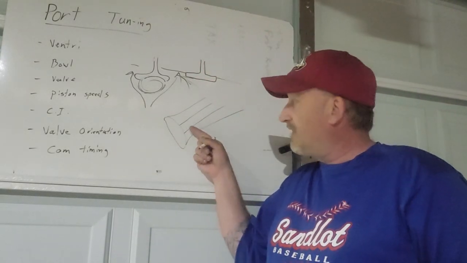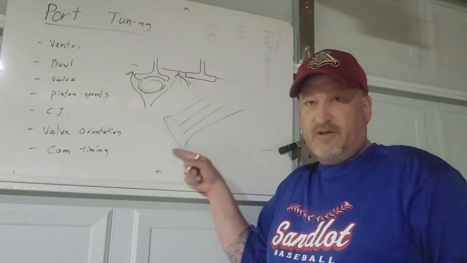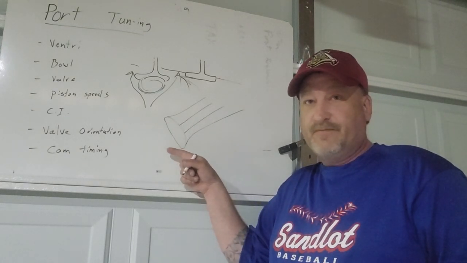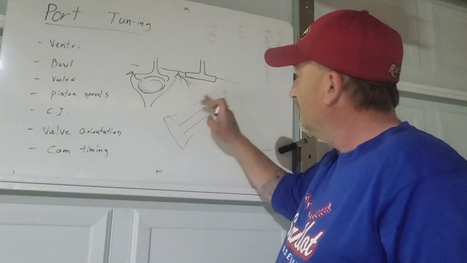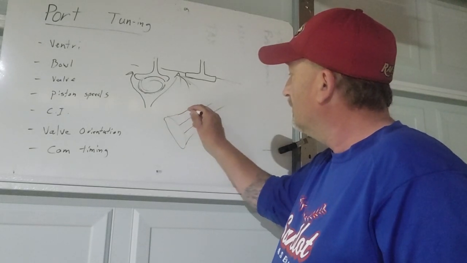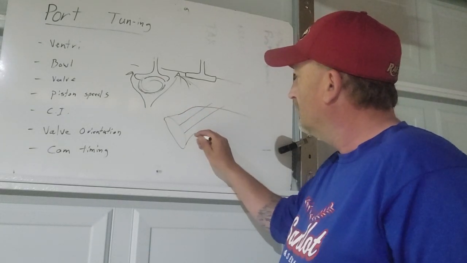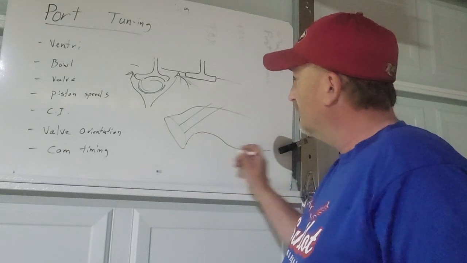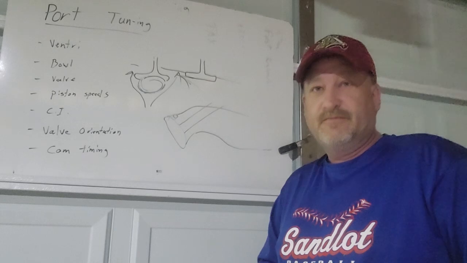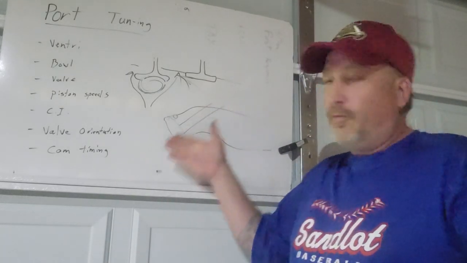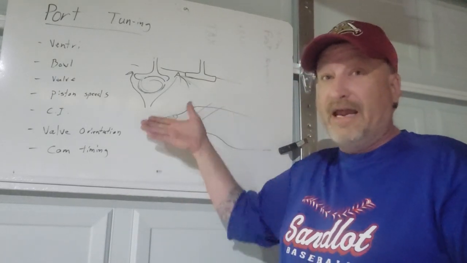The air is not being derived to go all the way around the perimeter of the valve equally. It's being favored to that side of the bowl area. So the valve opening needs to move away from the area.